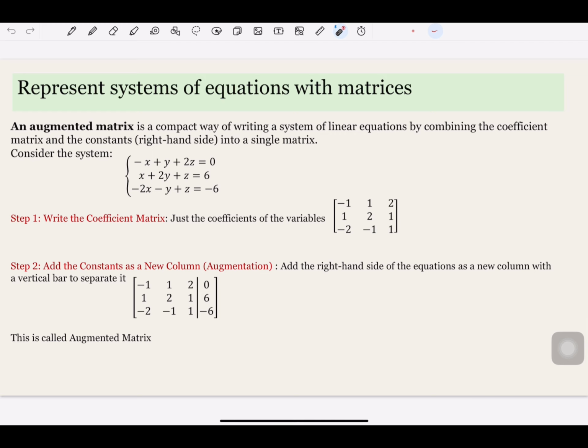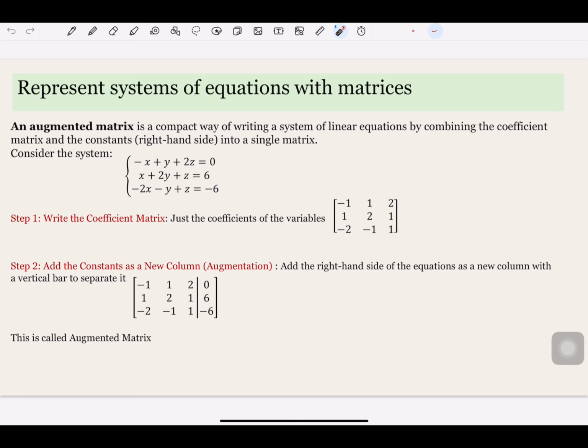And third, matrix methods are the foundation for many computational algorithms used in science, engineering, data analysis, and more. In fact, computer software like MATLAB, Python, and graphing calculators rely heavily on matrix-based solutions to handle large systems effectively.